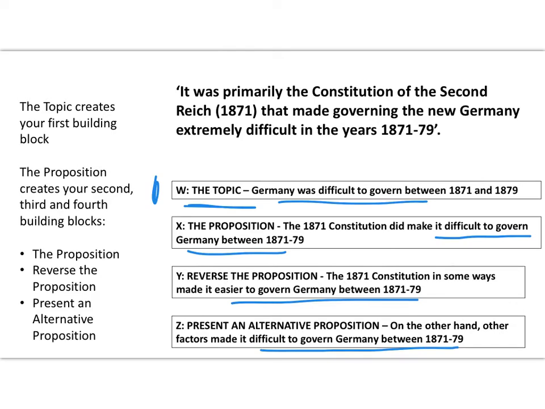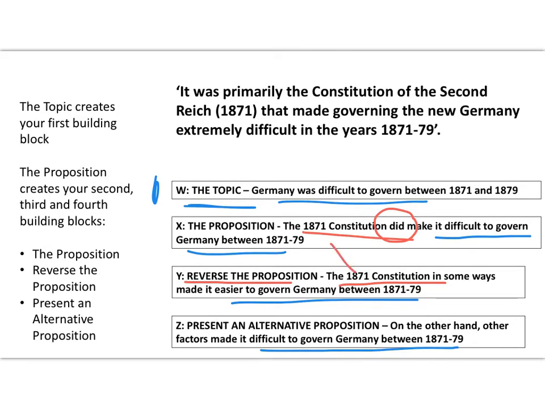So part X, which is the second of the four building blocks in your answer, takes the proposition and basically agrees with it. Yes, the 1871 Constitution did make it difficult to govern Germany between 1871 and 1879 for the following reasons. The next building block in your answer sticks with the 1871 Constitution.